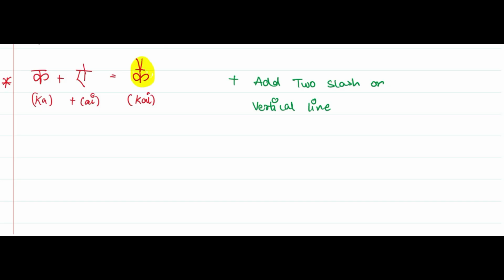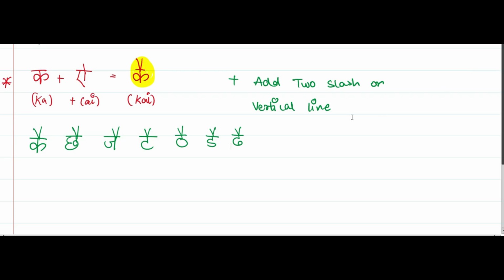So the rule is you have to put two slanting lines. So you can do it to any consonant as well. Kai, chai, jhai, tai, thai, dai, dhai. Okay. So you can practice this one as well. So let's go to the next one.